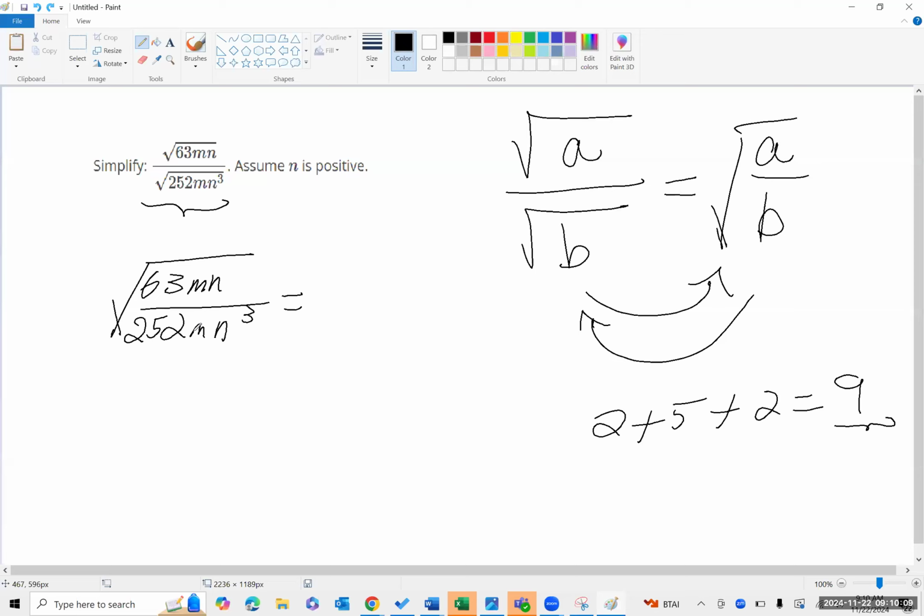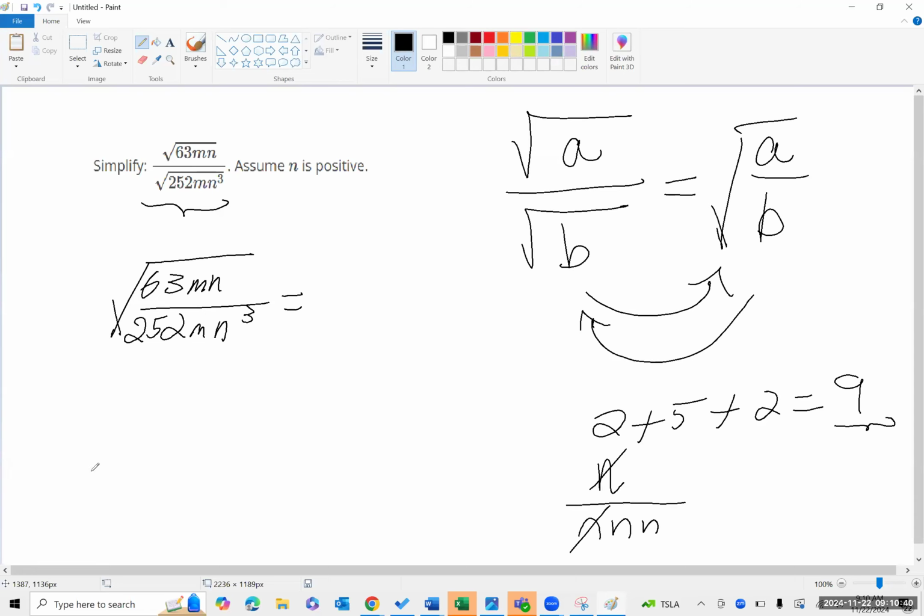And then the other thing to remember is that if I have n cubed, so I've got three n's, one of the n's can cancel out. There's a way to deal with that using an exponent property, but I think that's the better way of handling it.